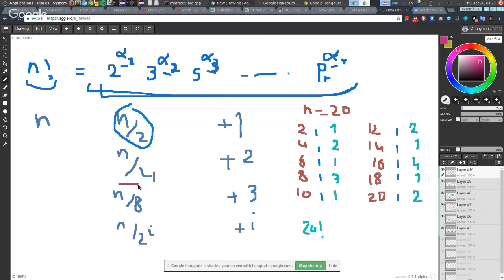Then when we go for n over 4, the multiples of 4, which are these numbers, we also add 1 for each of them.